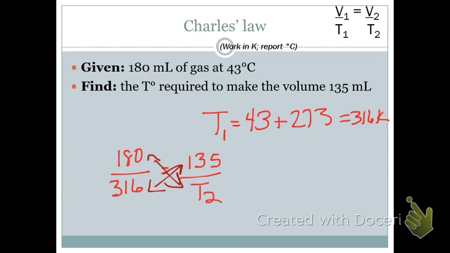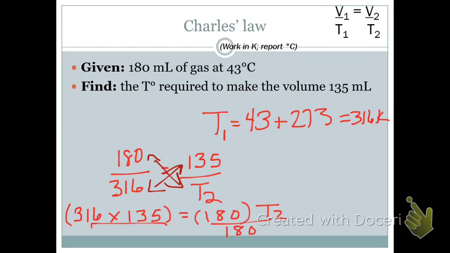And when I do that, I wind up with 316 times 135 is equal to 180 times T2. So because I want T2 by itself, I'm going to divide both sides by 180.